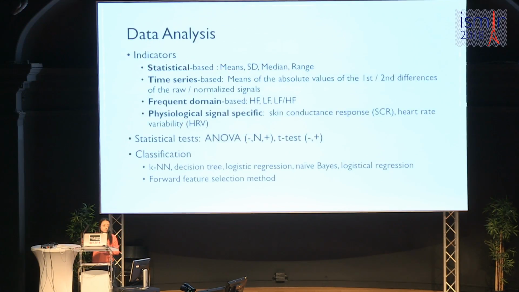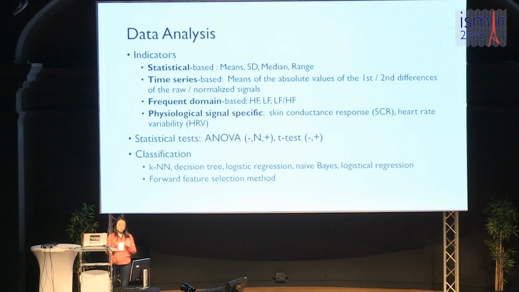So with those signals, we did data analysis. We extracted so-called indicators from the signals, which include statistical-based indicators, time series based indicators, frequency domain ones, and also physiological signal-specific ones.